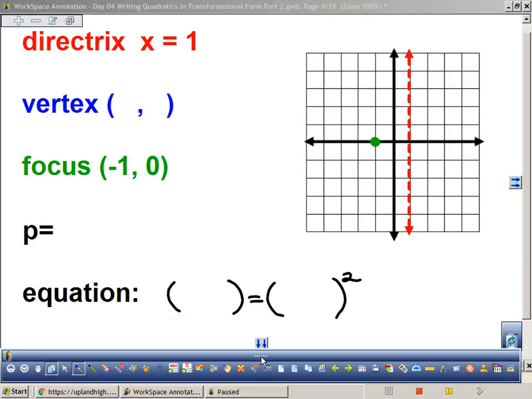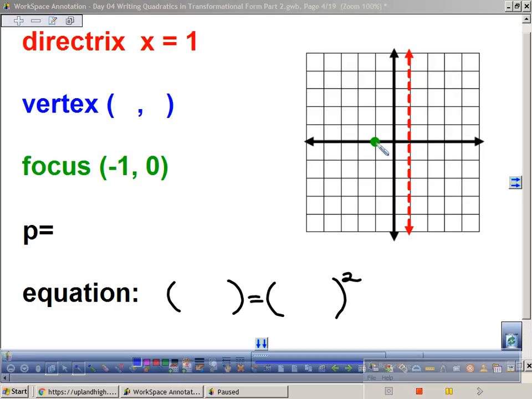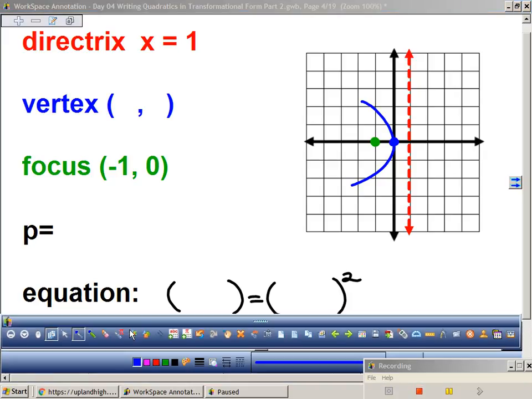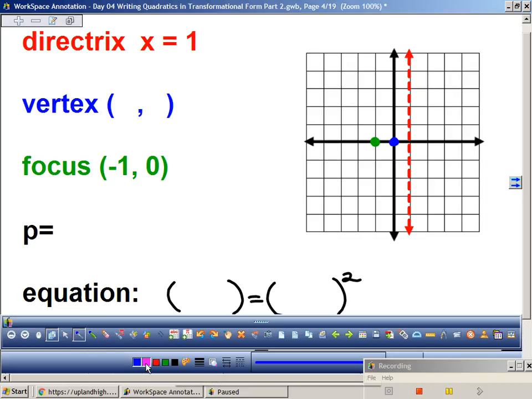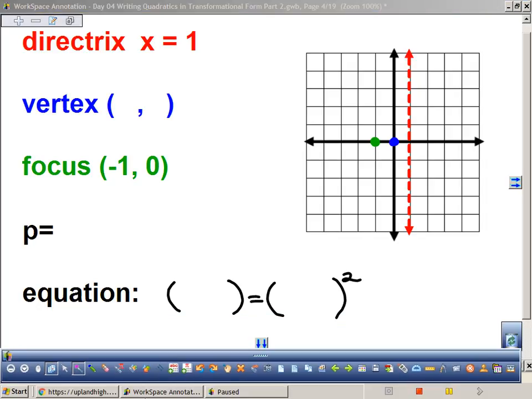You are smart. Okay, so if this is my focus, my vertex lies in between my focus, right? I know that this is the bottom of my graph, so I know it's going to have to do something like that. So in order to figure out how wide it's going to be, I need to establish what P is. So this distance right here is 1, so my P is 1.